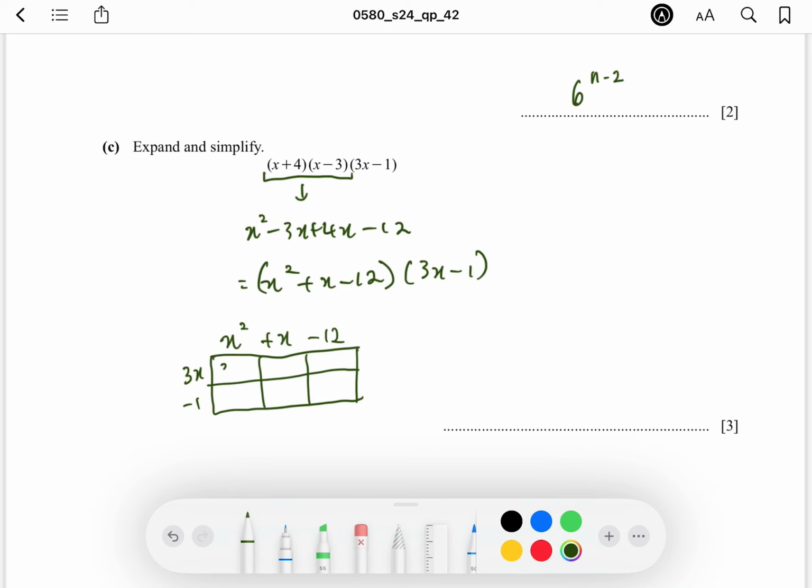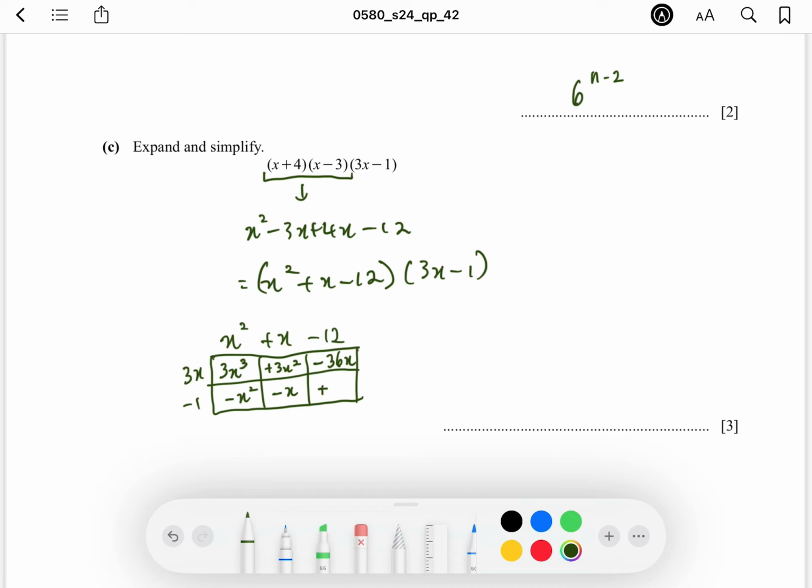Okay. So the first one is 3x cube. Next one 3x square. Next one negative 36x di bawah negative x square. Next one negative x.